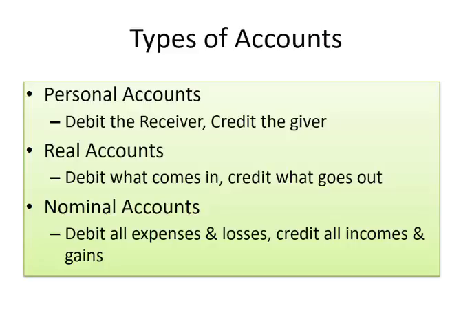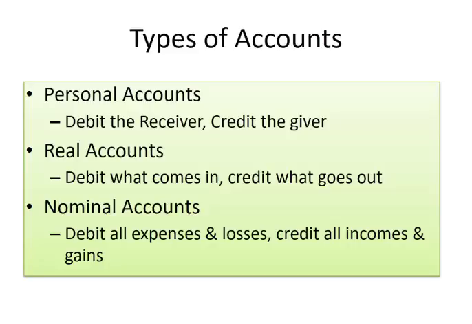First is personal account. For personal account, we debit the receiver, credit the giver. Whosoever is receiving the money, like a business receiving the money. In the example of the pen that I gave you earlier, when a customer came to the shop, he wanted a pen and he is giving cash.